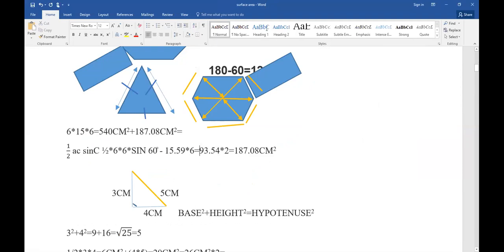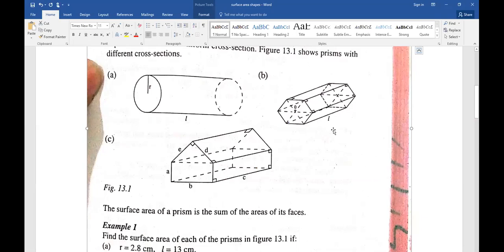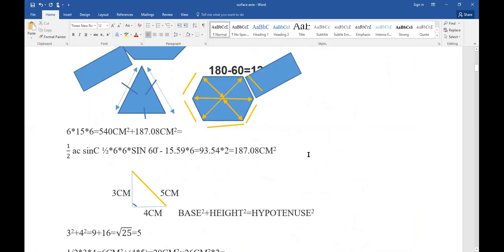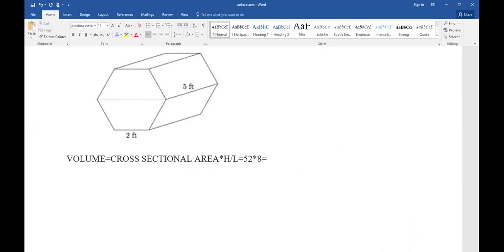We are going to be multiplying 93.54 by this L here, so times 15. I now multiply 93.54 times 15. Then you're now able to find the volume of that prism.